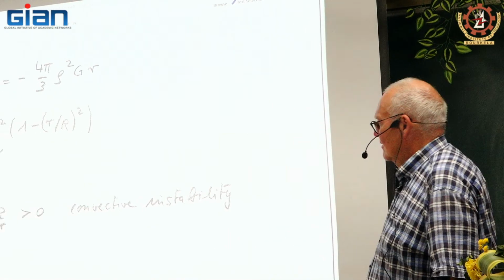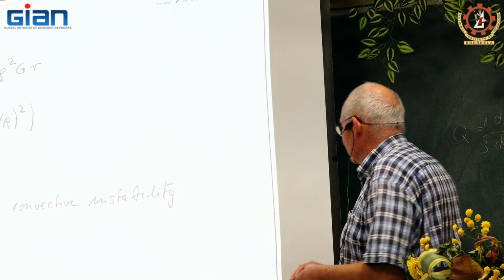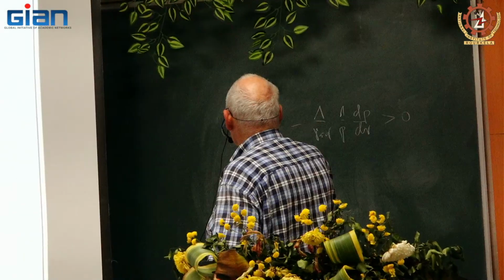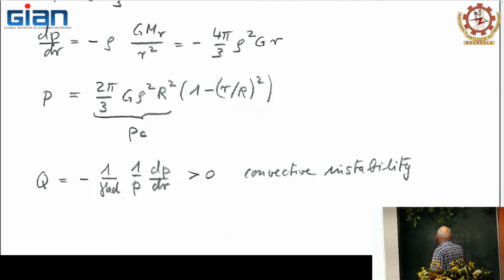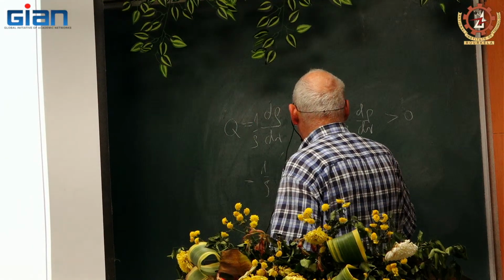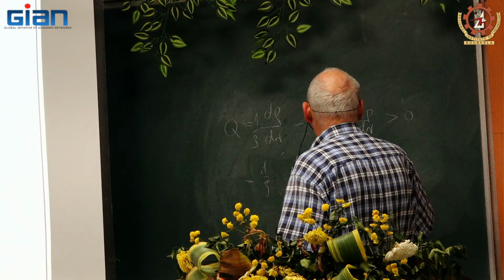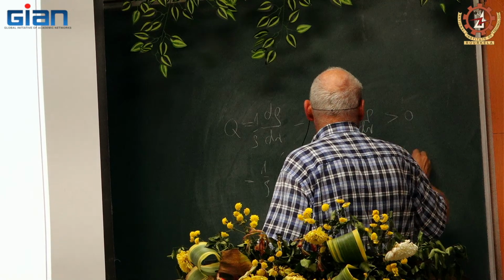Okay, well, you can see even another property here. Once you take out the 1 over rho here, this is 1 over rho times dρ/dr minus 1 over gamma adiabatic, p over rho, times dp/dr, greater than 0.